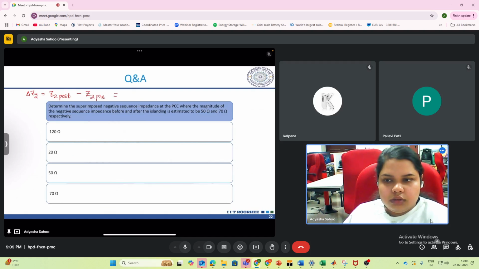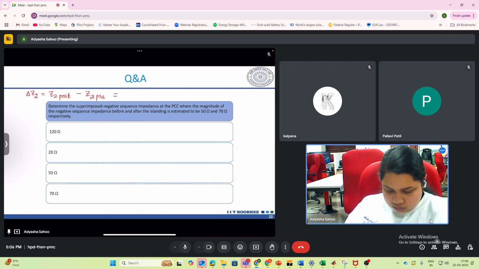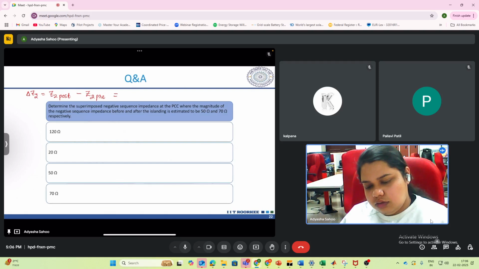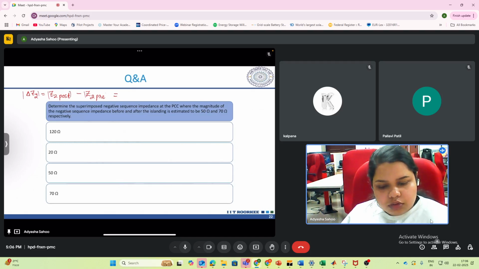So what will be this? And we are seeing the magnitude here. What is the post-fault negative sequence impedance given in the question?